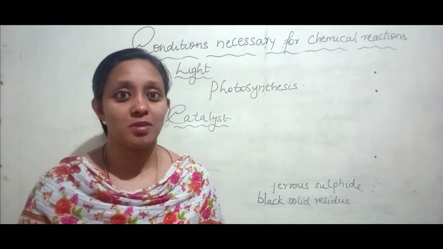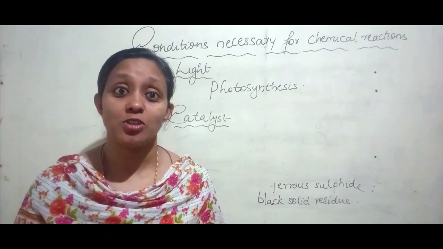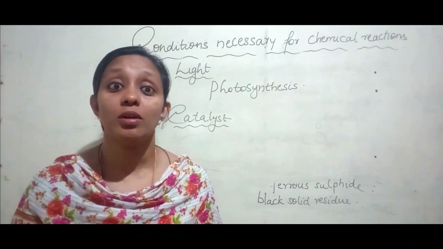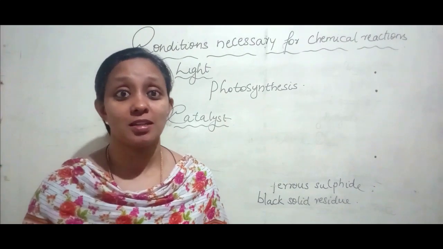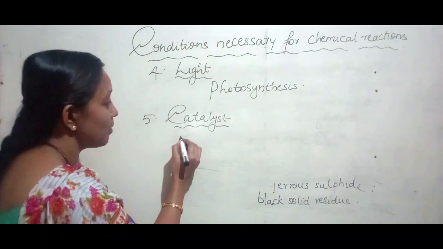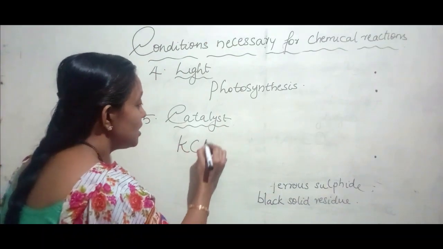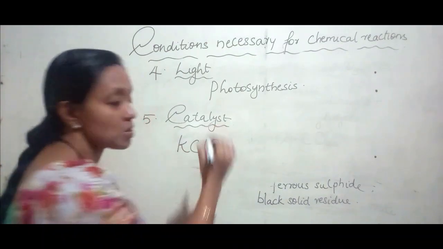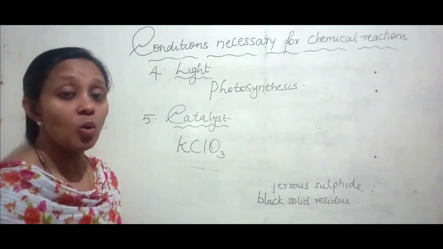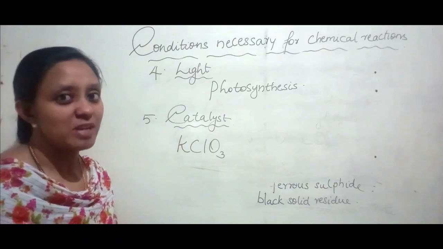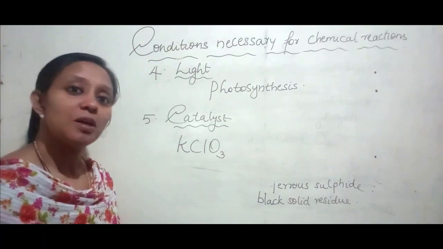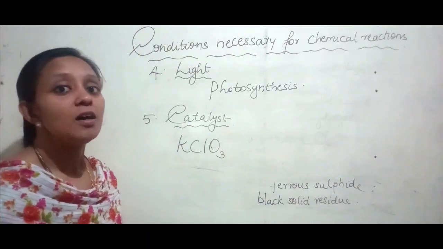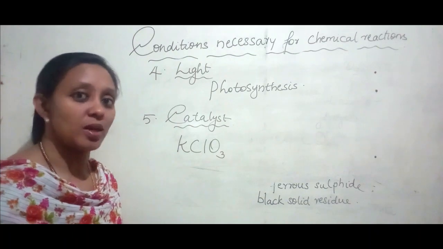I think you all remember it. It is the action of heat on potassium chlorate. I don't know whether you remember the formula of potassium chlorate. It's KClO3. You haven't learned the radical chlorate, so you may find it difficult, but just understand that this is the formula of potassium chlorate.